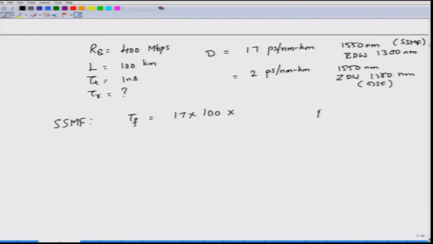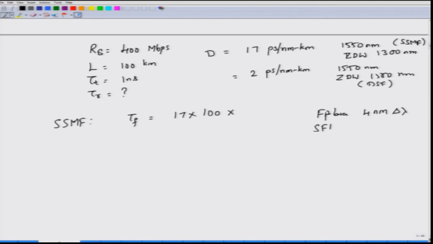If I am using a laser with multiple frequencies, this is called an FP laser, Fabry-Perot laser. This laser has a spectral width of about 4 nanometers, anywhere from 1 to 4, and modern FP lasers have about 1 to 2 nanometer. This is a slightly older design, so it has a 4 nanometer spectral width, delta lambda.